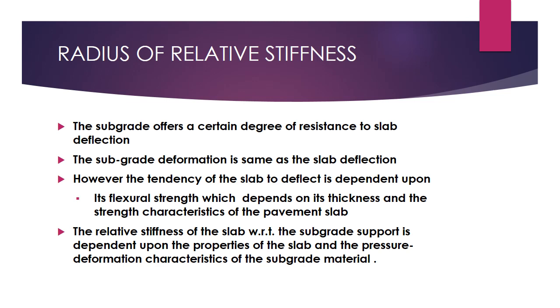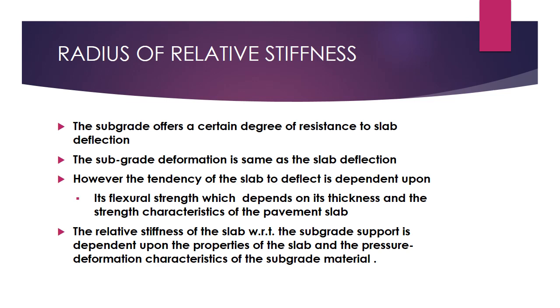Now the relative stiffness, how much stiffness the slab is going to offer with respect to the subgrade support, is again dependent upon the properties of the slab and the pressure deformation characteristics of the subgrade material. The subgrade is usually made up of naturally occurring soil.